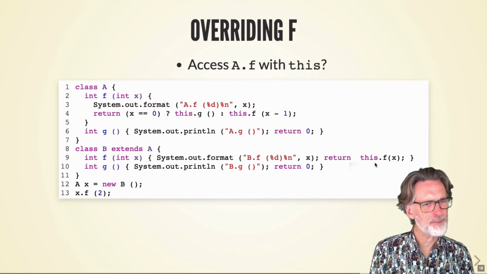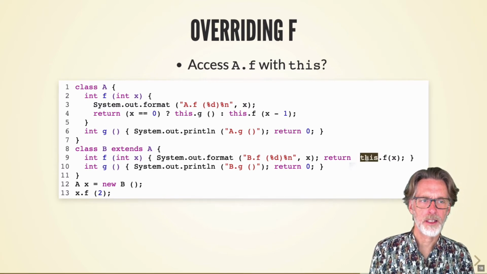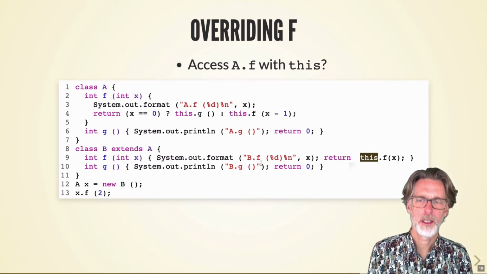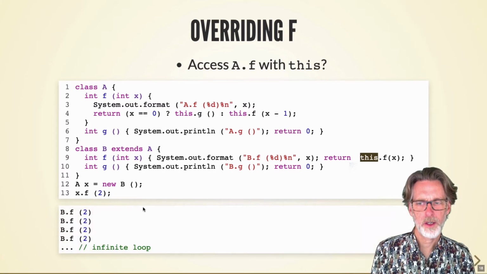And if we do that using the this variable, well, what's going to happen here? Unfortunately, not what we want, because this in class B is both statically and dynamically going to be a B. And what that means is I'm going to simply do a recursive call here, which is not exactly what I intended. We're going to end up with an infinite loop.